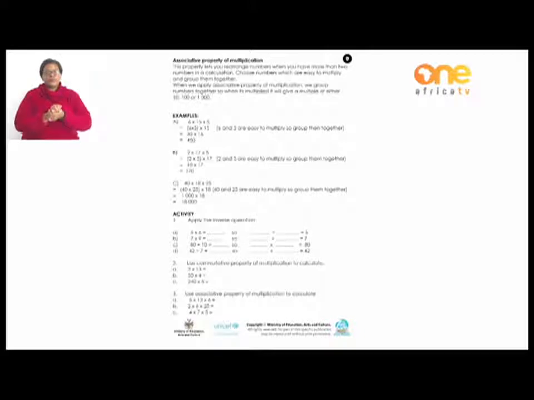Number 3, use associative property of multiplication to calculate. A, 5 times 13 times 6. What will be the answer? But remember to apply the associative property. B, 2 times 6 times 25. What will be the answer? C, 4 times 7 times 5. You should apply associative property.